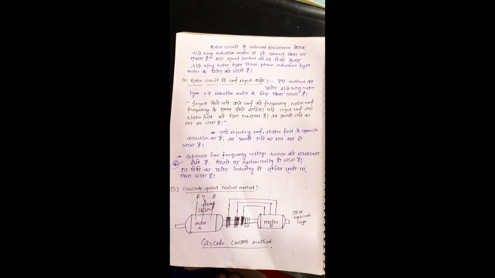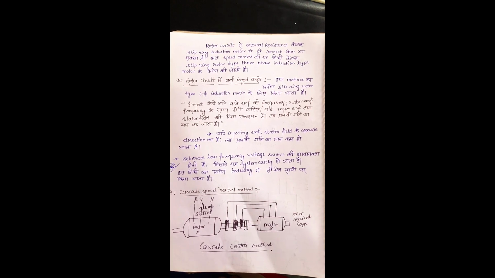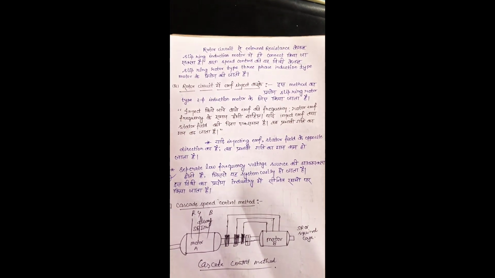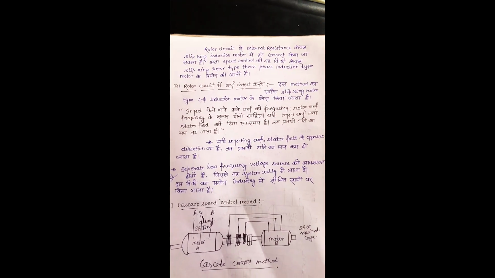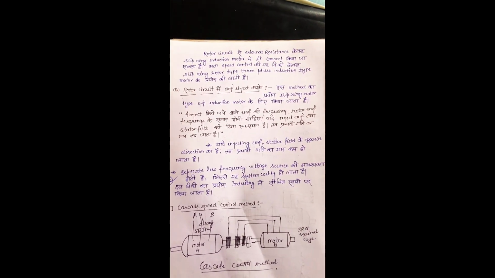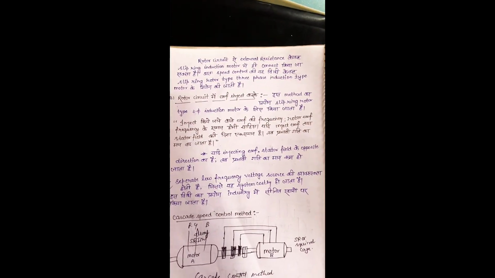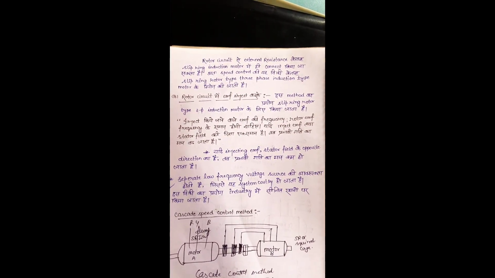But the drawback of this method is that external resistance can be added only in the case of a slip ring induction motor. We cannot connect external resistance in the case of a squirrel cage induction motor. So this method of speed control is only used with the slip ring rotor type three-phase induction motor.